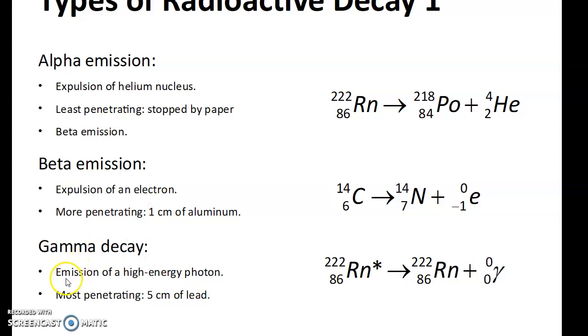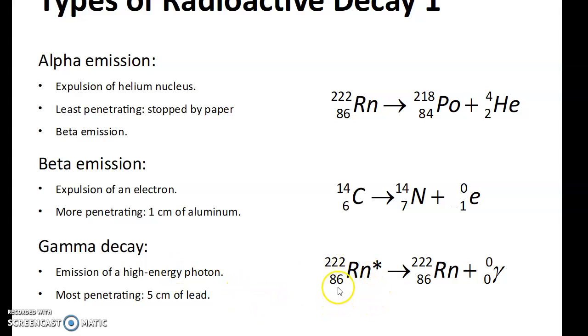Gamma decay is the emission of high energy photons, and this takes 5 centimeters, or essentially 2 inches of lead. 2 inches of lead, or about 3 feet of earth, will stop a gamma emission.